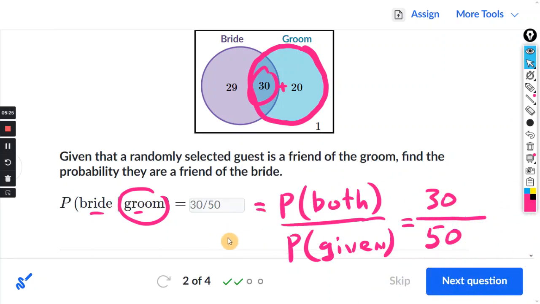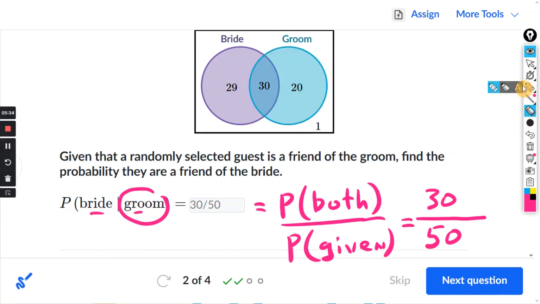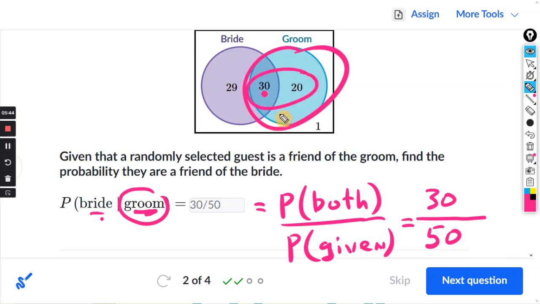Yep, they do. So probability of friends of the bride given friends of the groom, that makes sense. Because you want to find out how many are friends of the bride, but only limiting to the ones that are friends of the groom. You're limited to this. So that's why it's going to be 30 out of 50. That's why the formula works.